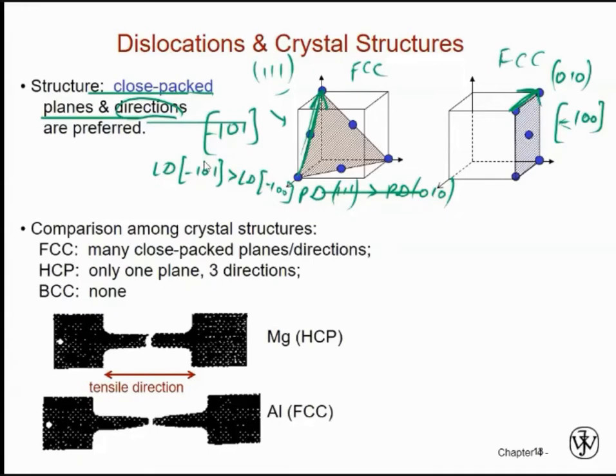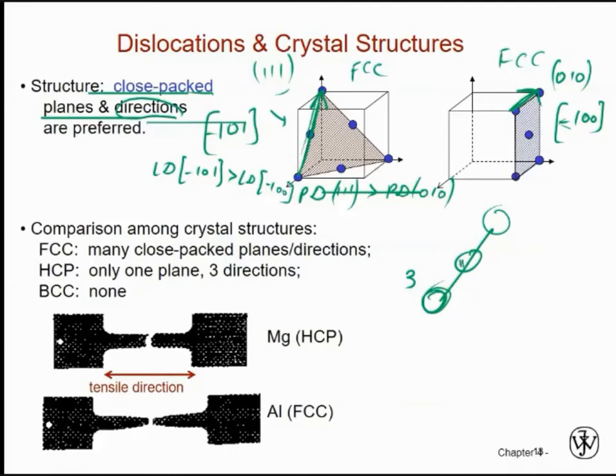And why are we talking about this? When deformation happens, it happens on close packed planes and directions. And why? In order to deform a material, we should apply some stress. Let's say I have 3 atoms on that line. In order to move this atom, let's say I have to apply stress of magnitude 3.